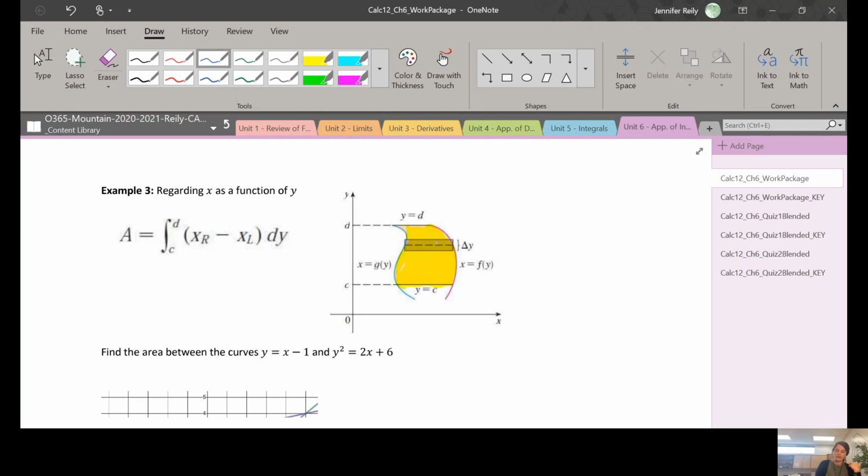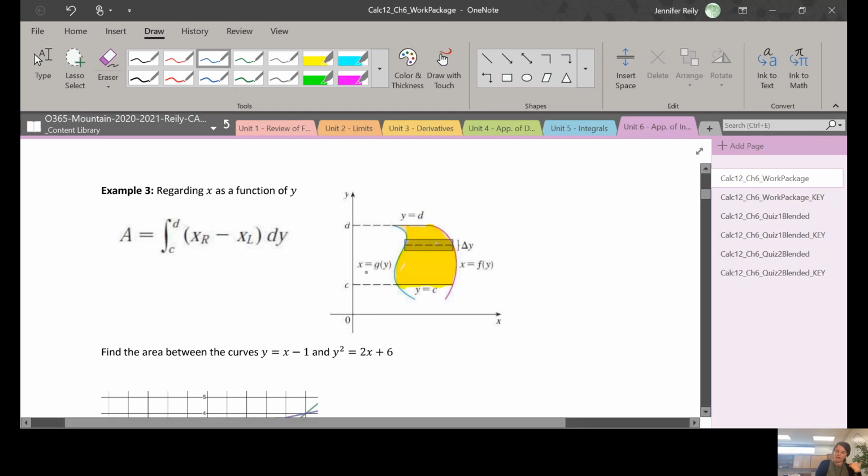Let me just define what that means. If you do the integral of f of y dy, in terms of y, let's say you have a curve x equals f of y.